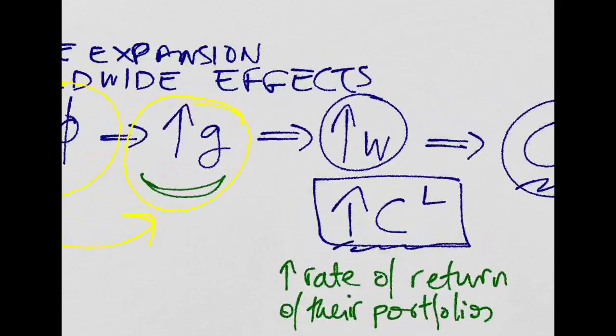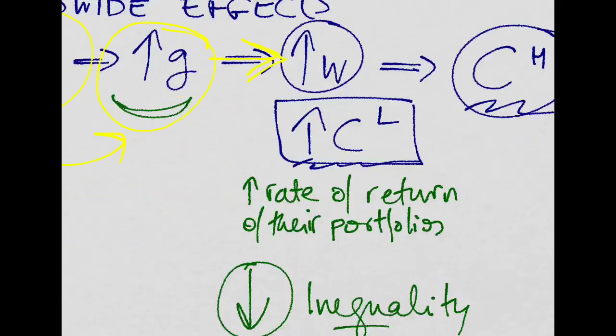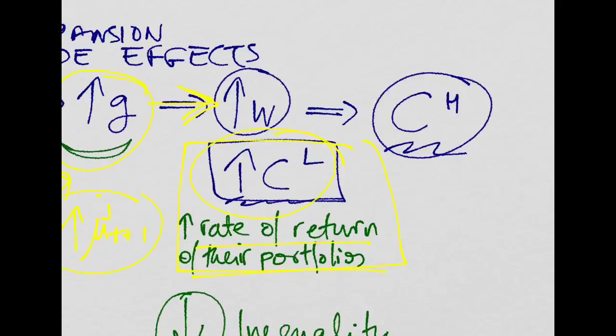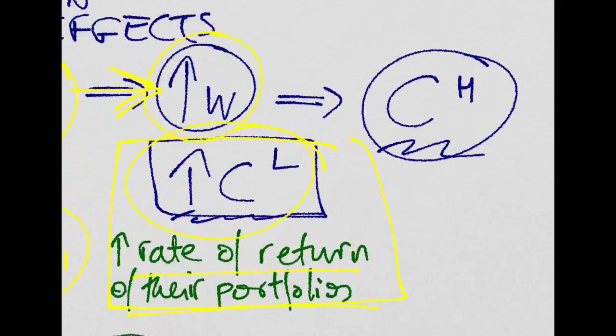But higher growth leads to higher wages, plus higher growth leads to more returns for the bubble holder, which are the low productivity countries. So these low productivity countries are going to have a higher rate of return for their portfolios, and they're going to be able to consume more. And this higher wages and higher growth will also benefit the consumption of the high productivity countries.